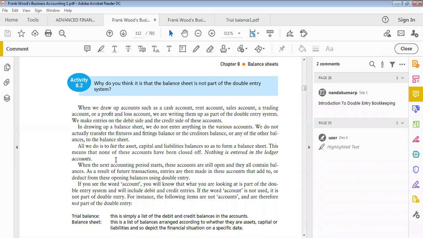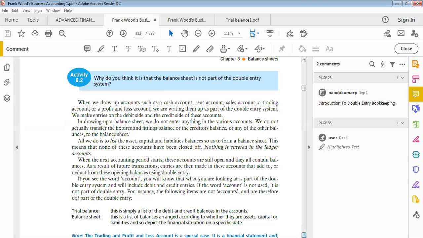Nothing is entered in the ledger accounts. When the next accounting period starts, these accounts are still open and they all contain balances. As a result of future transactions, entries are then made in these accounts that add to or deduct from these opening balances using what? Double entry.